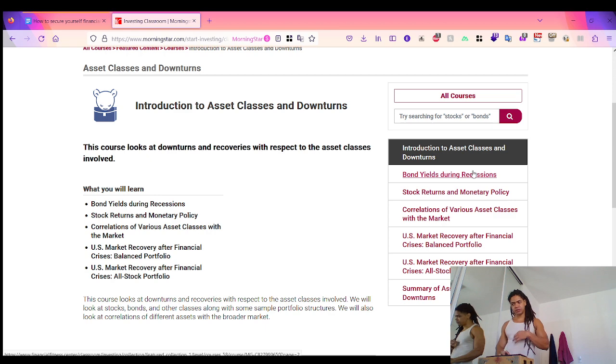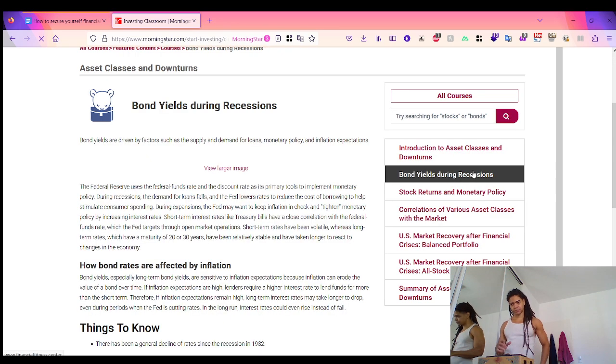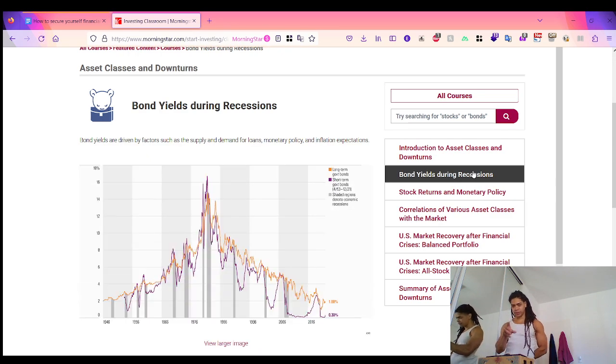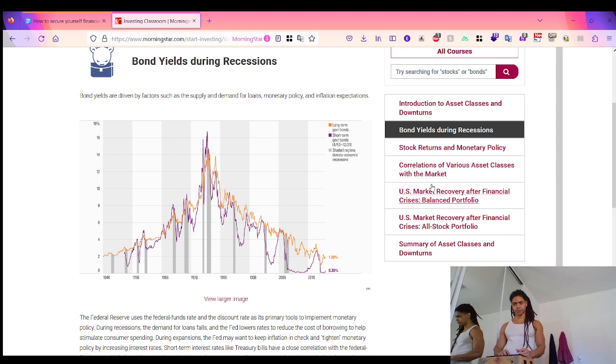So bond yields are driven by factors like the supply and demand for loans, monetary policy, this tool that the Fed has to control or regulate the economy, and inflation expectations.